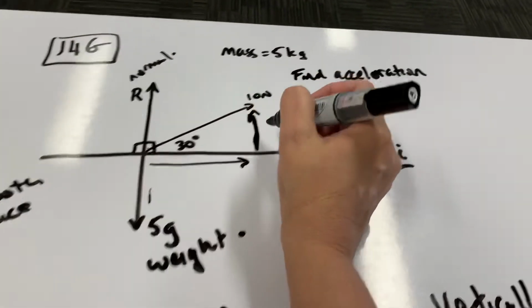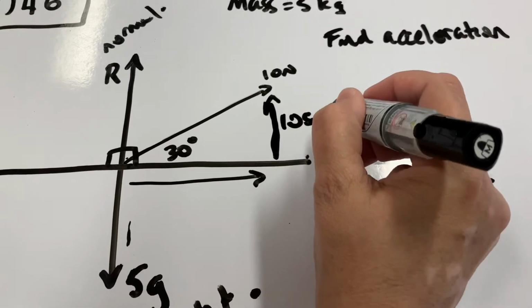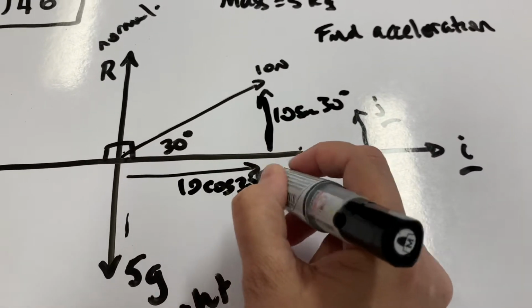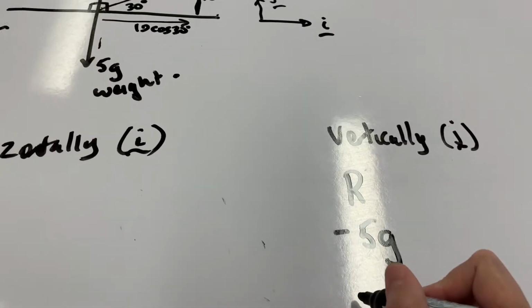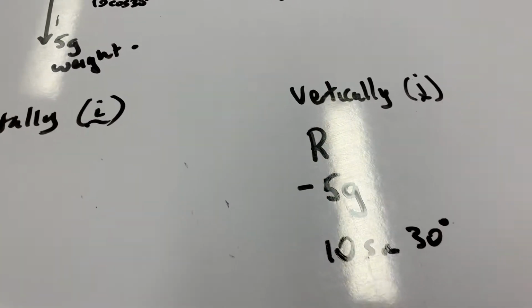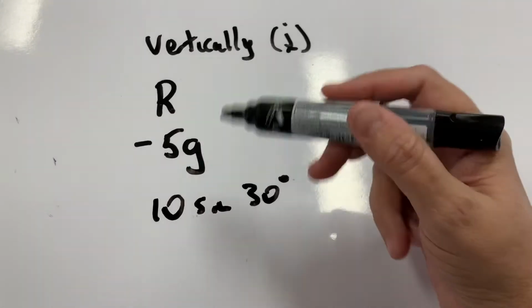The vertical component will be 10 sine 30. The horizontal will be 10 cos 30. So in my vertical, I've got 10 sine 30. These are all the forces that are acting in a vertical direction.